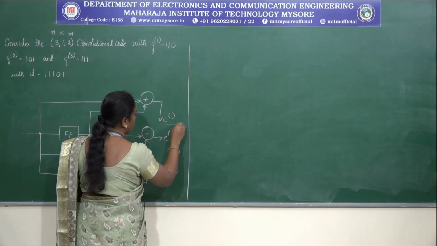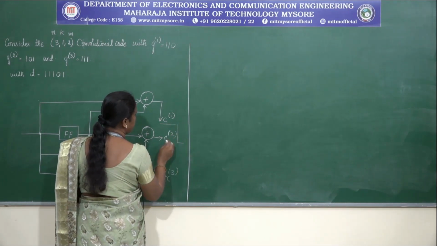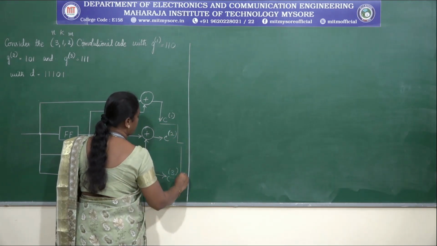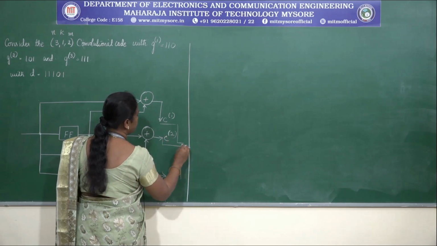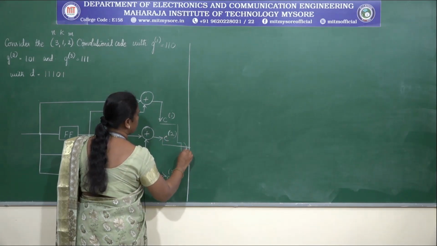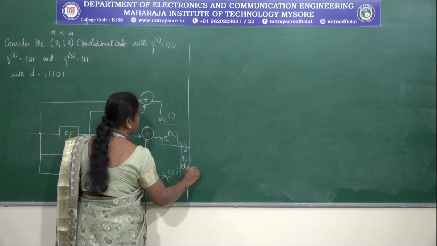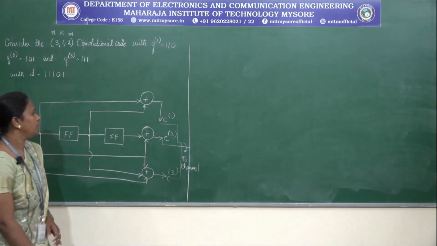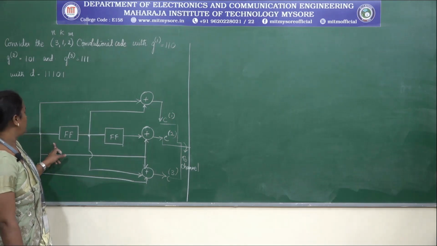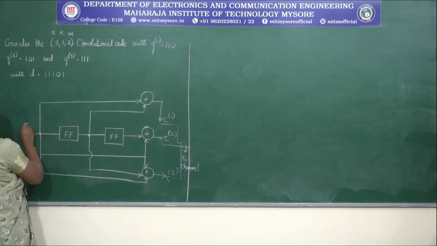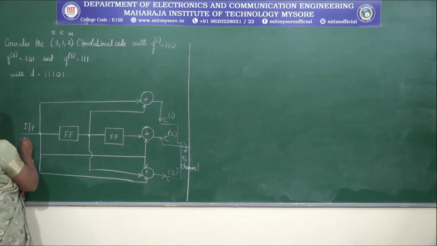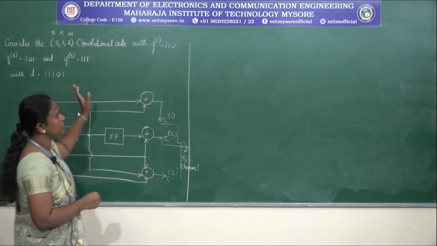So now this is given to your channel output. So all of them are connected to your channel. Okay. So this is how you need to construct the encoder diagram from the data which is given.